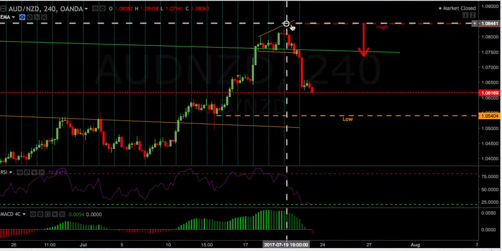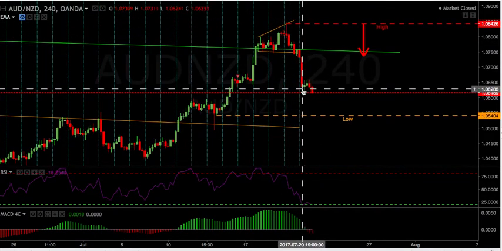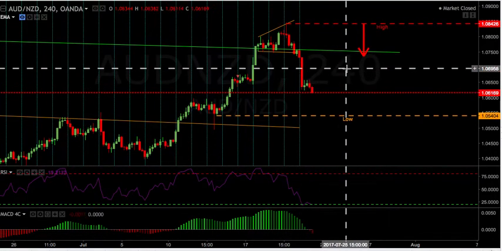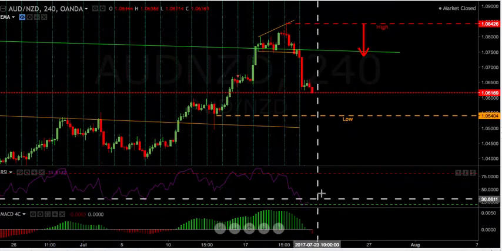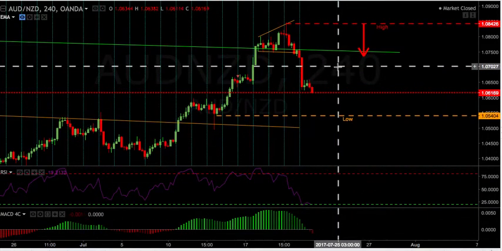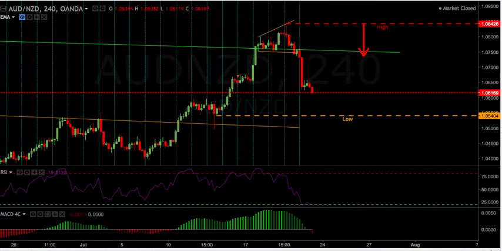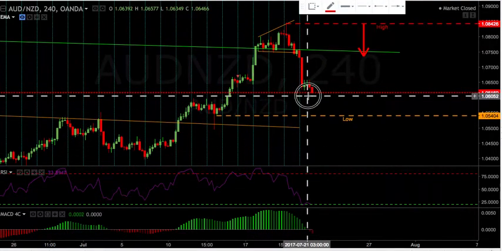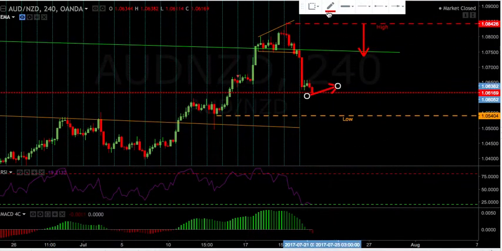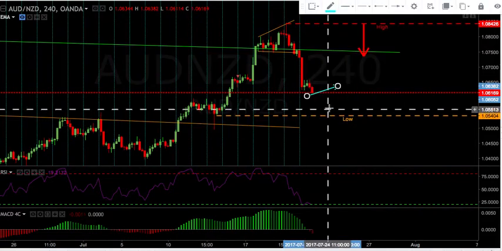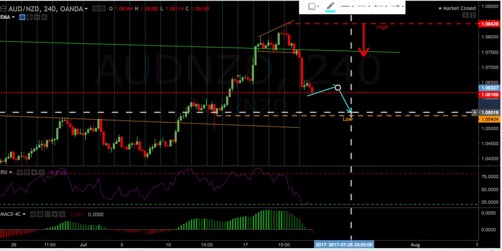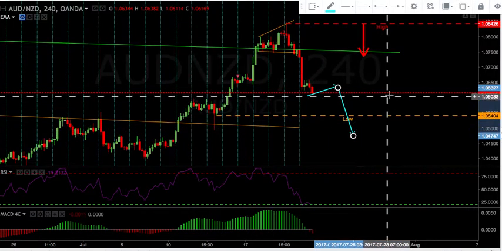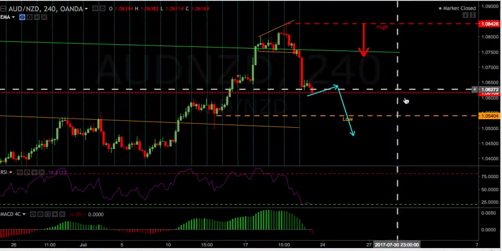It's made a bounce off of a previous high, created a new high and a new lower low. And price is continuing its way down. We're oversold right now, so what we're anticipating for this week is a continuation pattern and more down to retest this next low and head down further.